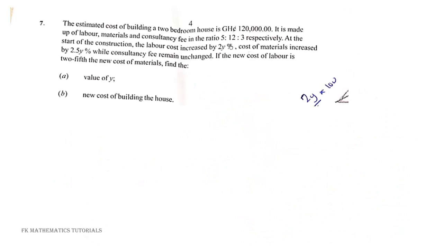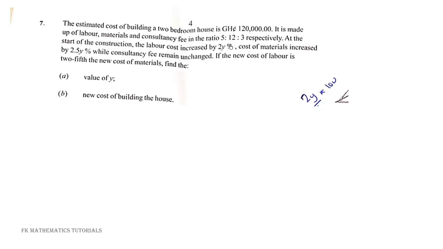The estimated cost of building a 2-bedroom house is 120,000 Ghana cedis. It is made up of labor, materials, and consultancy fee in a ratio 5:12:3, respectively. At the start of the construction, the labor cost increased by 2y%.